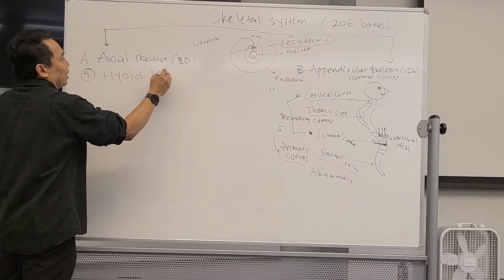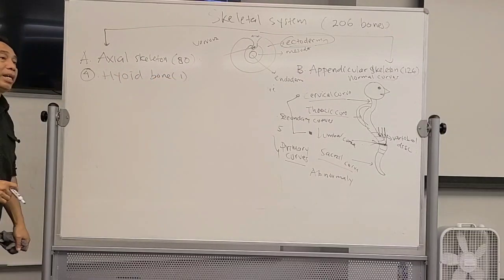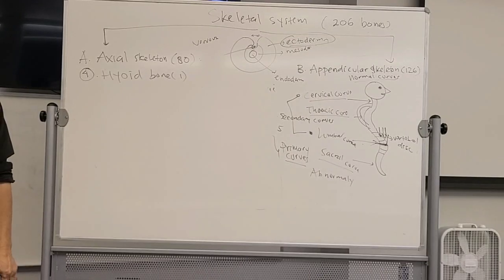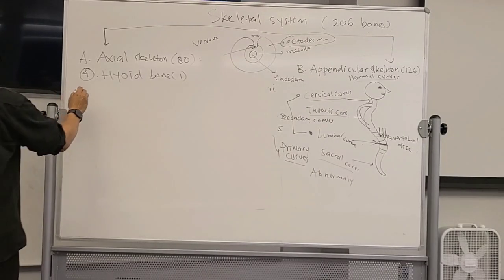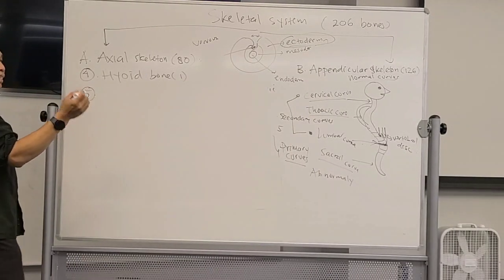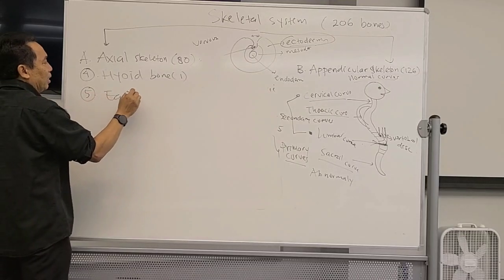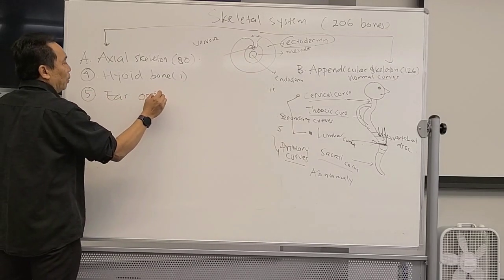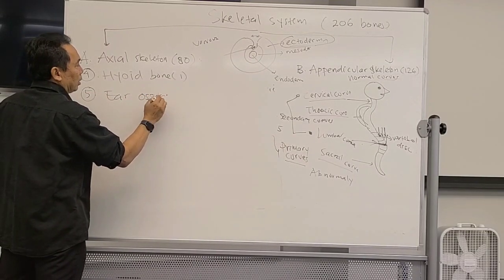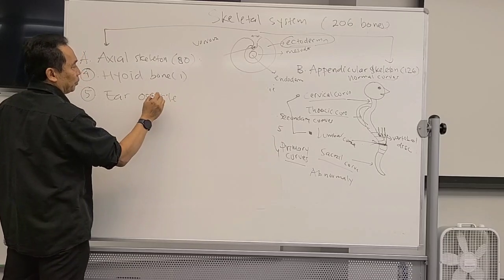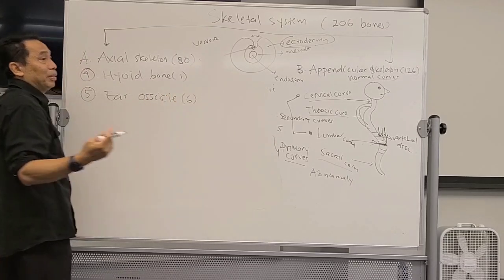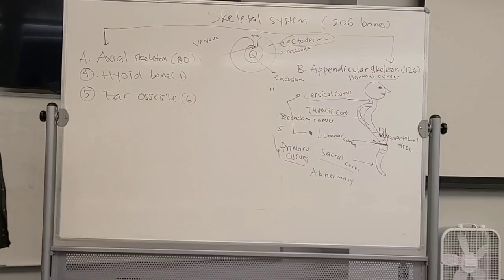Hyoid bone, 1. Okay? And the last group is the one in the ear, the ear ossicles. How many total? Total 6, because you have left and right. Okay, 3 on the left, 3 on the right.